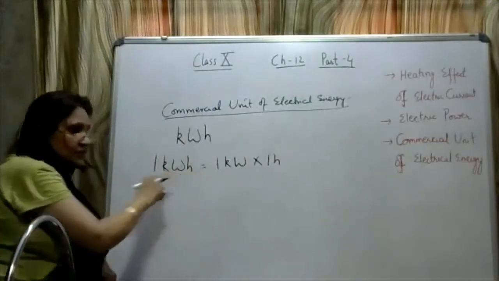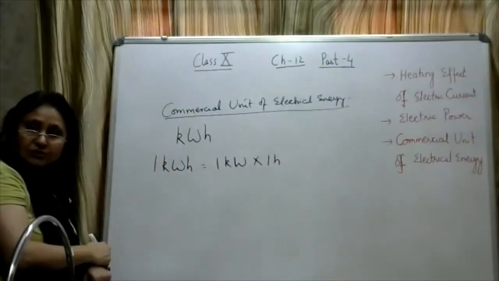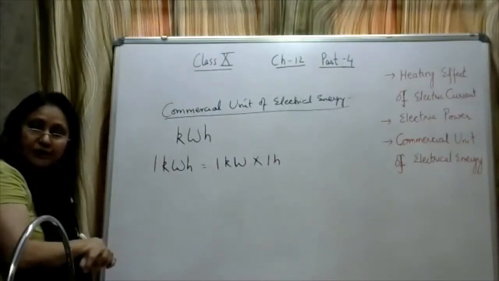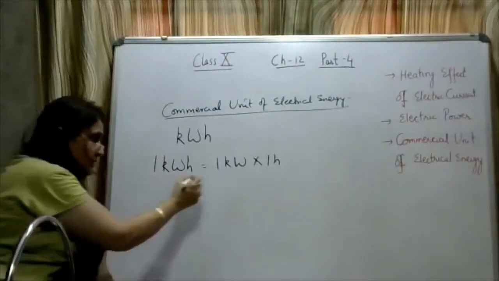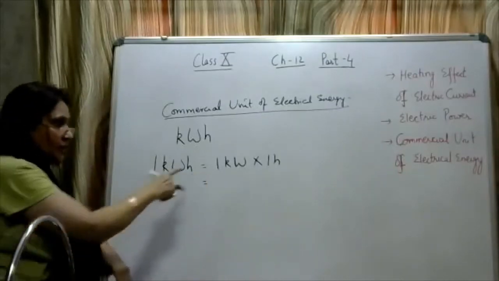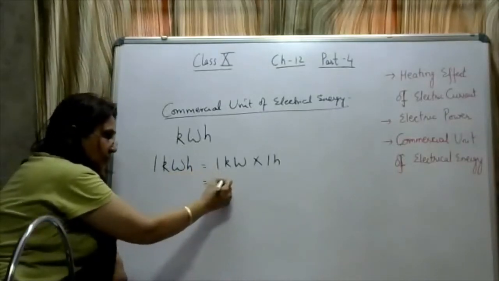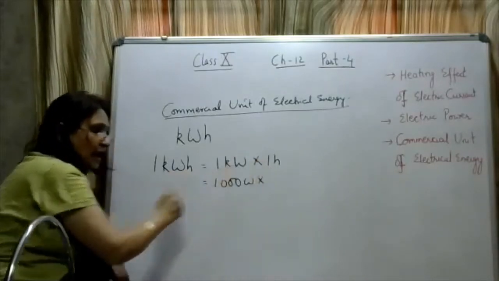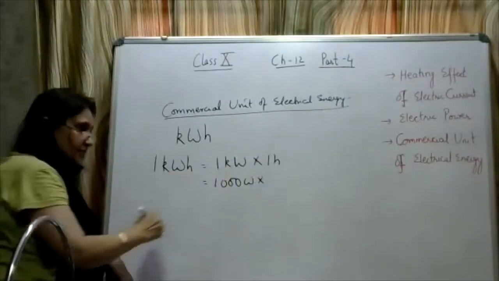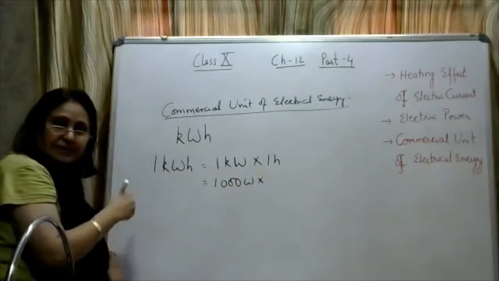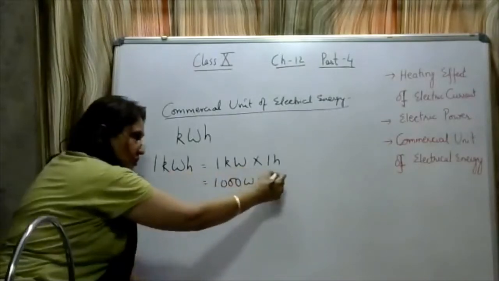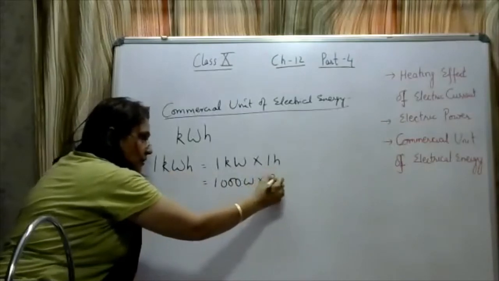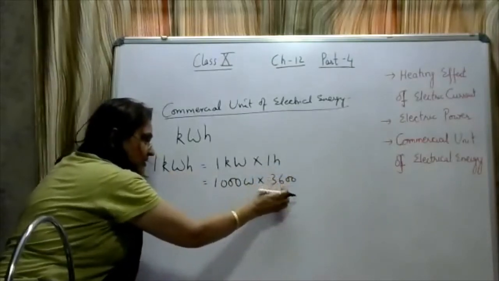Now let us convert this kilowatt hour into joules. Joule is watt into second, so here we have to convert kilowatt into watt. We know that 1 kilowatt is equal to 1000 watt, and hours we have to convert into seconds. 1 hour has 60 minutes and 1 minute has 60 seconds, so 1 hour is equal to 3600 seconds.